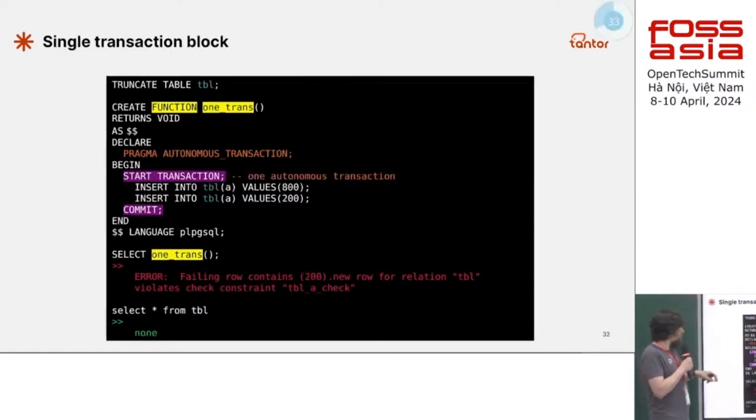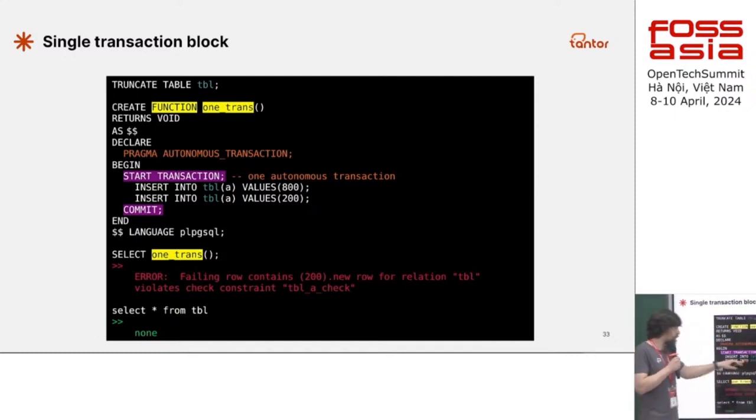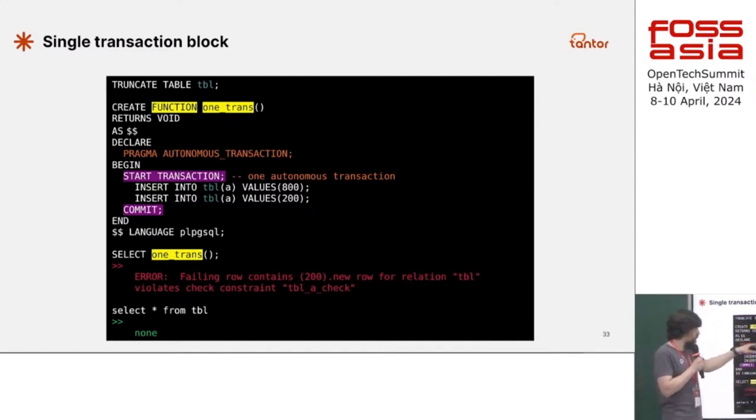The second example is where all these inserts are in a transaction block. They are executed in 1 autonomous transaction, so we also insert 820, 20 violates the constraint, so the whole transaction is rolled back and our table is empty.